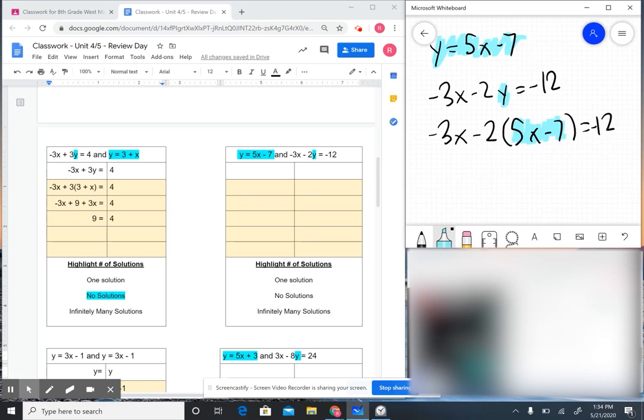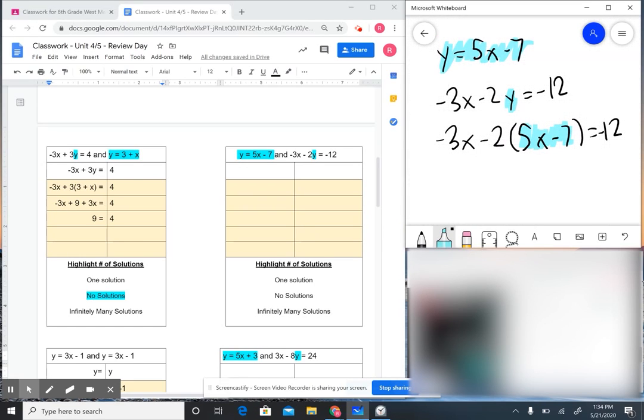Okay. And now you're going to do negative 3x minus, so when you distribute, don't forget to distribute the negative. Negative 2 times 5x is negative 10x. Negative 2 times negative 7 is positive 14 equals negative 12.